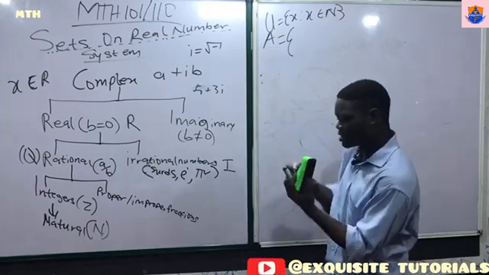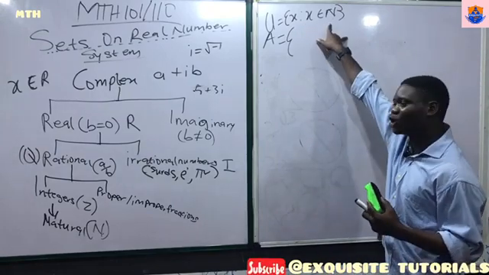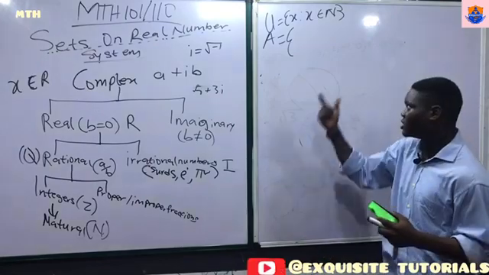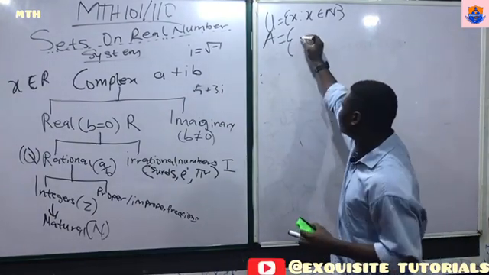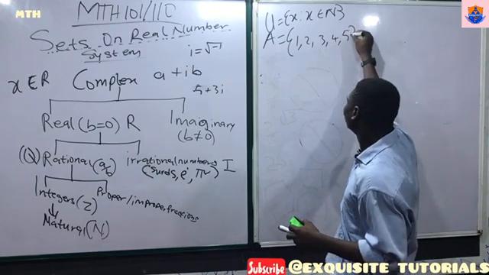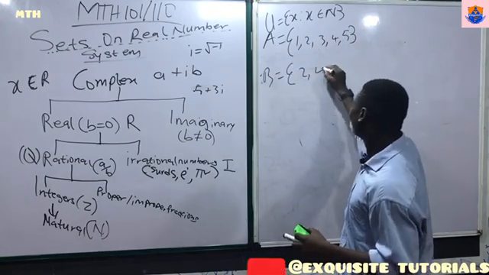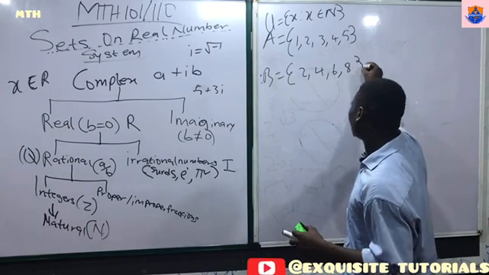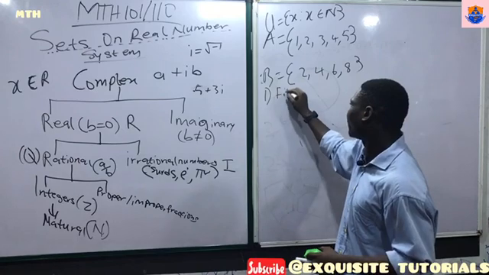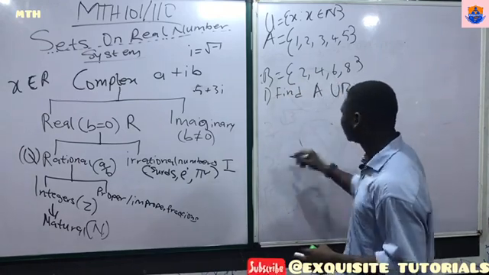Let's say the universal set is a set of all x such that x is an element of natural numbers, meaning that our natural numbers include 1, 2, 3, 4, 5, 6, and so on. And A is 1, 2, 3, 4, 5. Our B is 2, 4, 6, 8. Let's stop here. The question says, 1, find A union B.